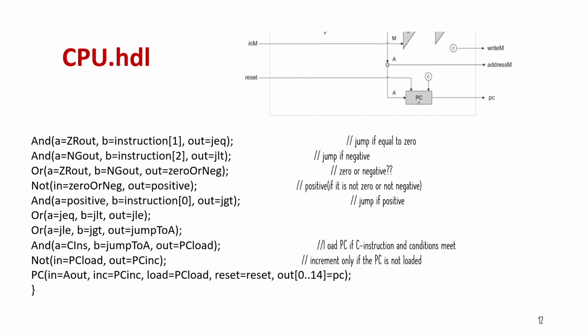These lines of the code determine the jump instructions, check the ALU outputs, and see if the conditions are met or not. So if the instruction is a C instruction and the conditions are also met, then the PC is loaded with the value that will ask the CPU to jump to a specified instruction. If the PC is not loaded, then by default it goes to the next instruction, like we do PC++.